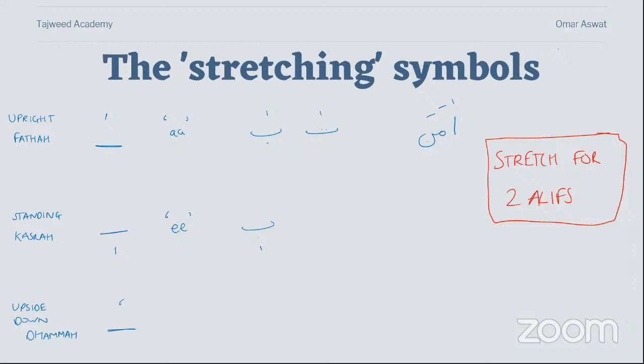In terms of example, again, we come back to the same thing for kasra. Don't say that's incorrect.